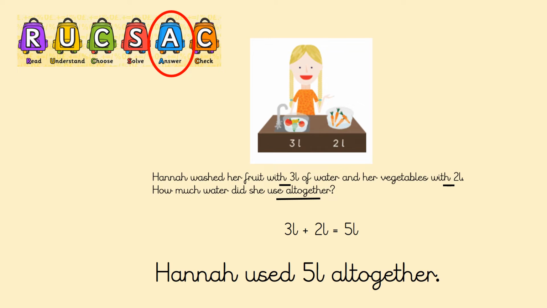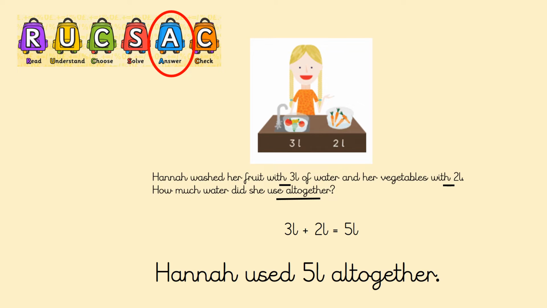Now A for answer. We need to write down our answer. But we also need to check, do we have the right kind of answer? Our question was a how much water question. So 5 litres does make sense. It's the right kind of answer. It's a volume, litres.